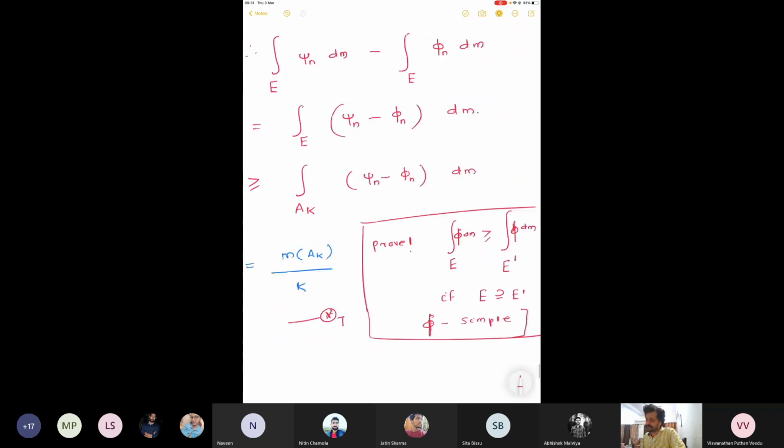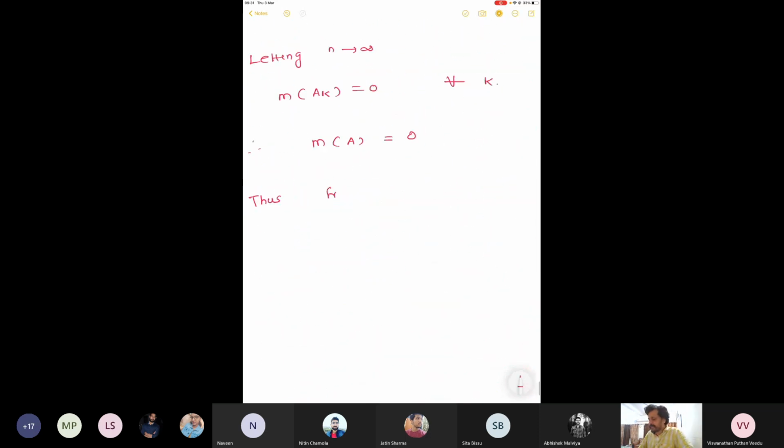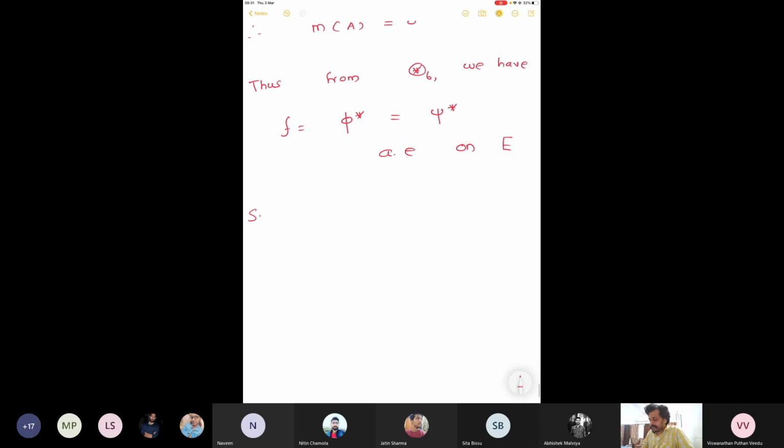Therefore, from star 6, we have f equal to phi star, and that will be equal to psi star almost everywhere on E. The set where that equality doesn't hold is of measure 0. You already know that phi star and psi star are measurable, therefore, since phi star is measurable, f is measurable. I will stop with this.